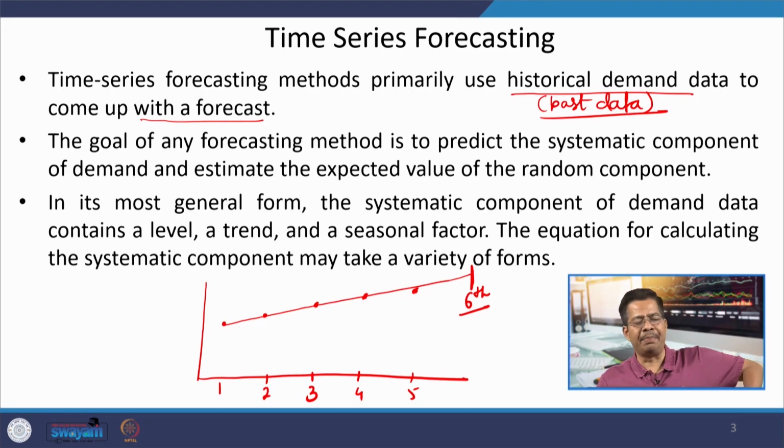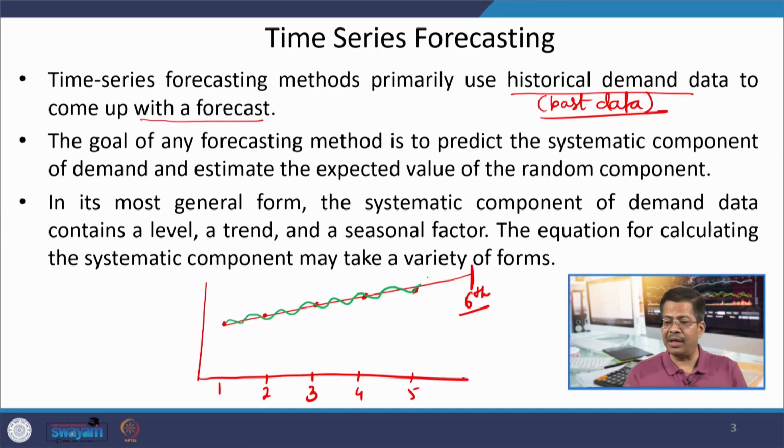But what actually happens? This is what I am saying theoretically, but actually the demand is moving like this. If you see this green line, the demand is moving like this.